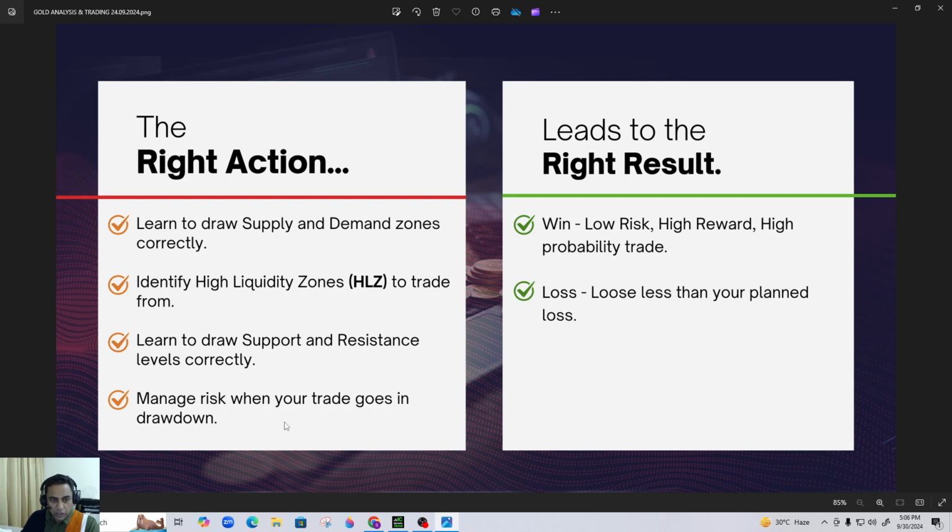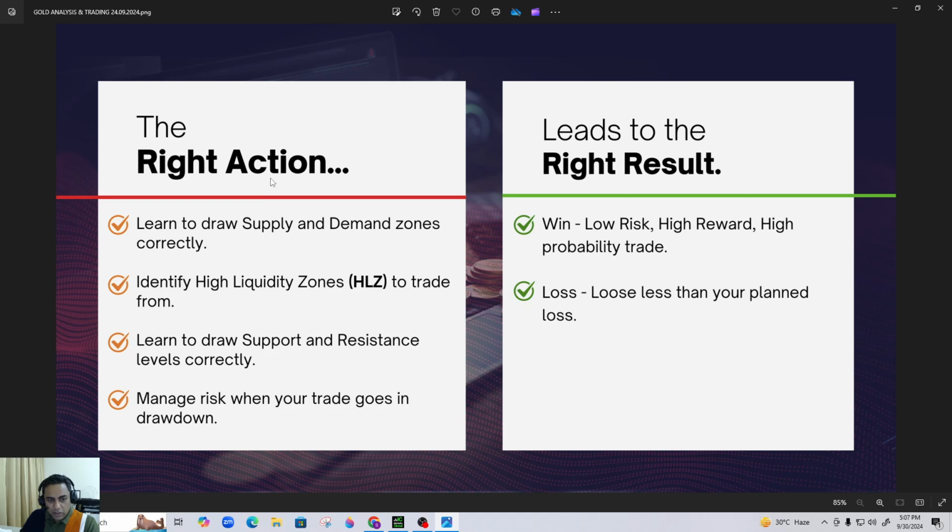If you learn these four things, it will automatically lead to one of these two things. And these two things are the right result that you should be aiming for as a trader, whether a new trader or a professional trader seeking consistent profitability. This should be your aim, the right result. And the right result can be a win or it can be a loss, right?